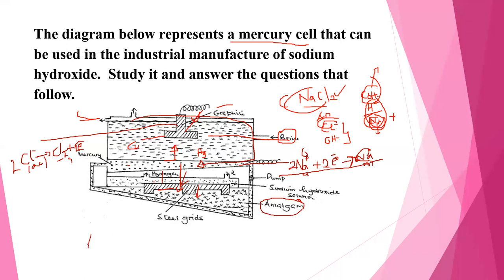So this sodium amalgam is then pumped inside here. At this point too, there is water. This water breaks the sodium amalgam down into sodium hydroxide, mercury, and hydrogen gas.